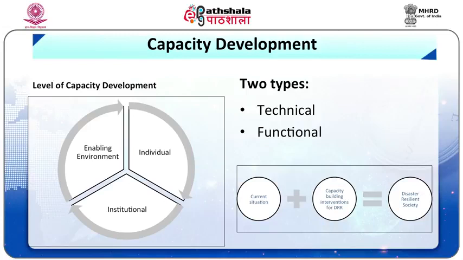Technical, which involves capacities associated with particular needs or sectors. For example, this might include urban search and rescue or responding to chemical, biological, radiological and nuclear hazards. And second one is functional. They are cross-cutting and are not associated with a particular sector.